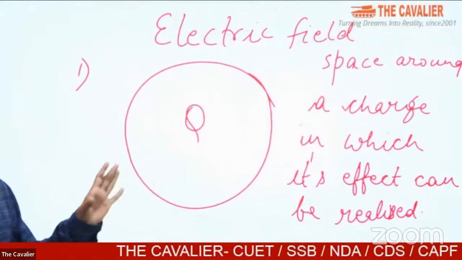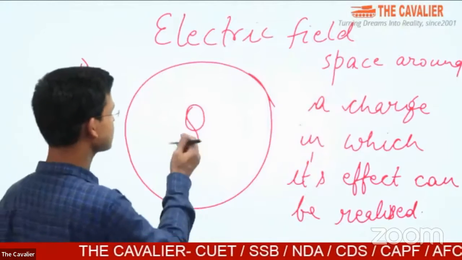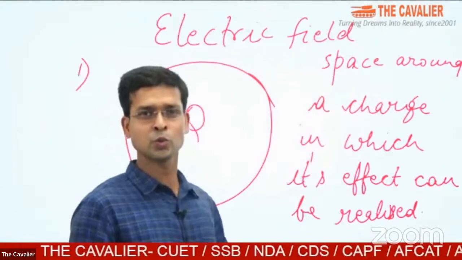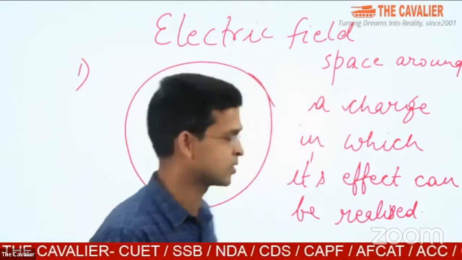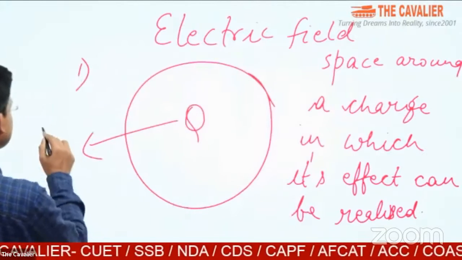That is called the electric field, and this is called Q naught. Q naught is the source charge. This is called the source charge.